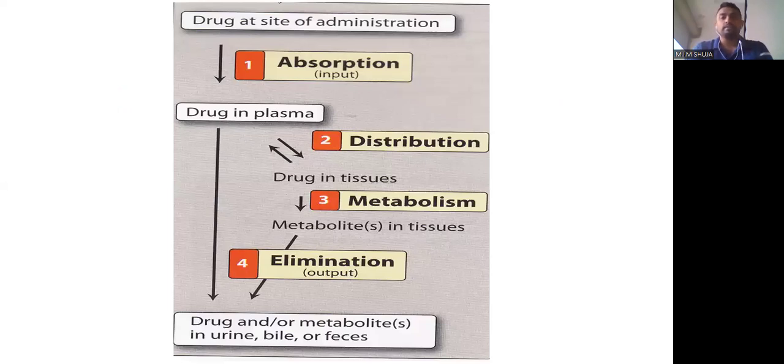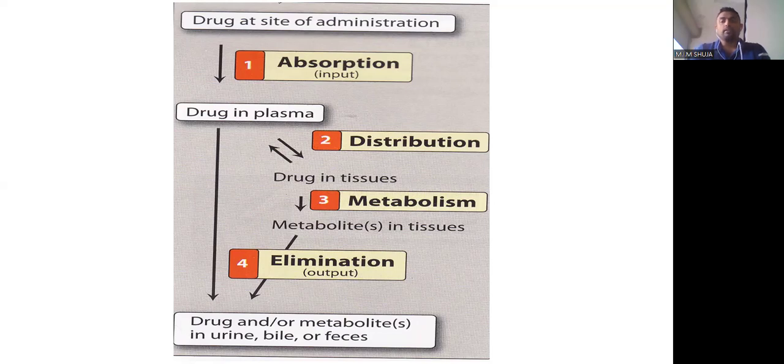So far we have seen how a drug gets absorbed, how it gets distributed among the body compartments, and a few pharmacokinetic parameters or concepts like bioavailability, plasma protein binding, and a few other things.